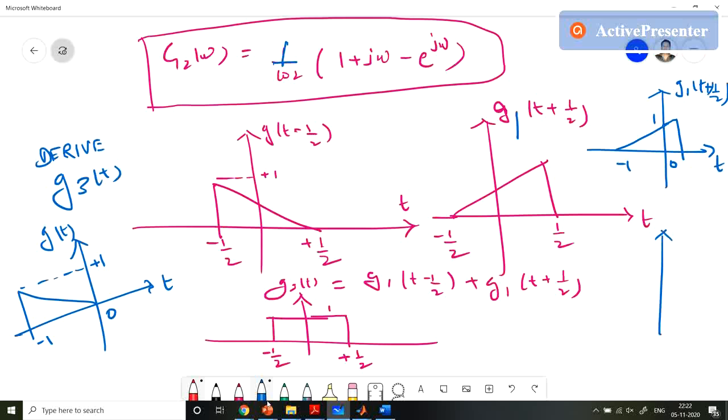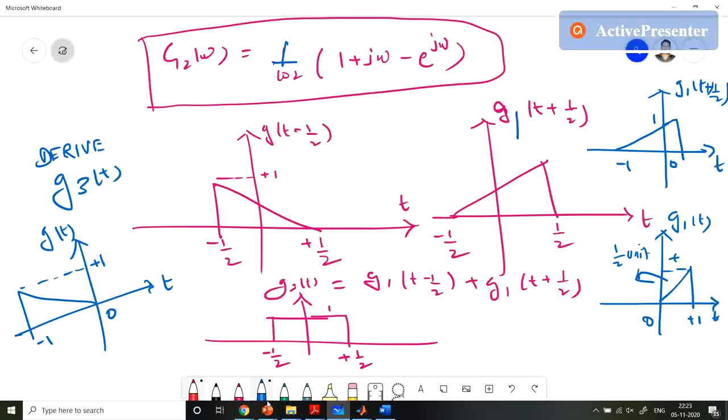So what is G1t basically? It is given in the question itself. This is G1t, this is 0, and this is amplitude plus 1. Now if we shift this to the left by half unit, this will become G1t plus 1 by 2.